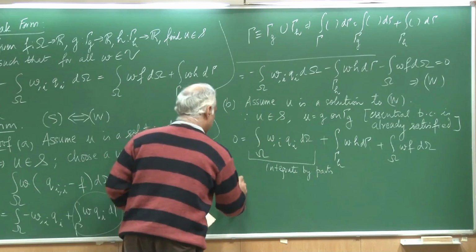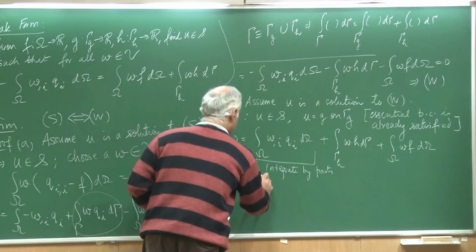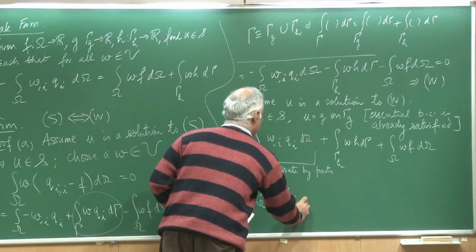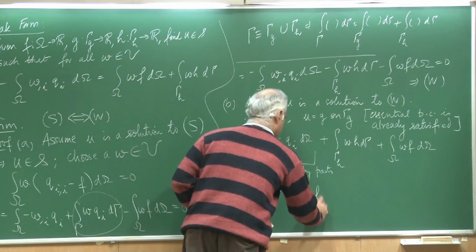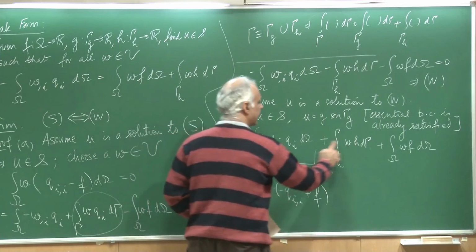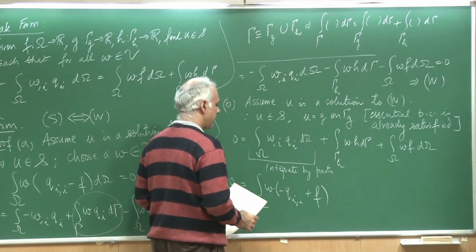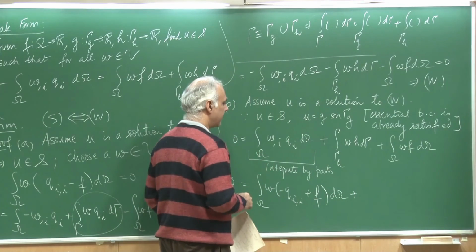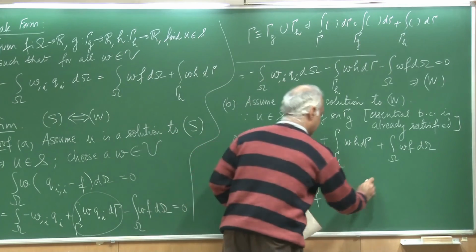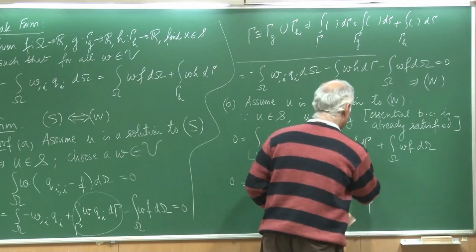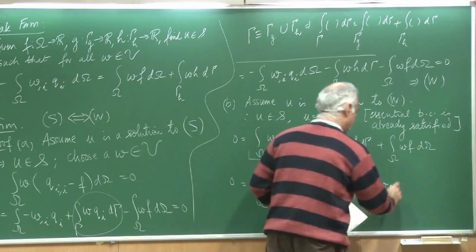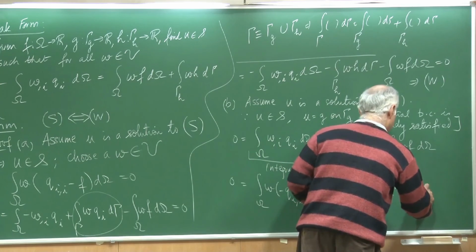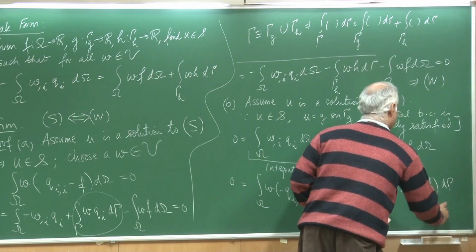And this would lead to the following. So I would get a term w times minus qi comma i plus f. So I am just rearranging these terms, d omega, and the second term that I get on integration by parts, I am going to club this with the h term, and that would be ni qi plus h d gamma.